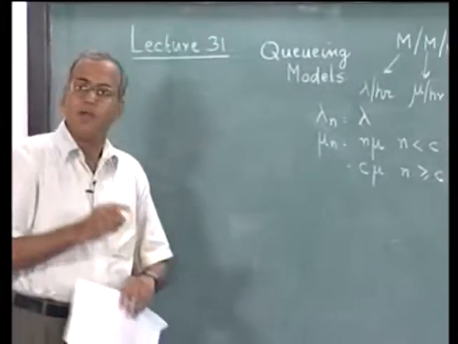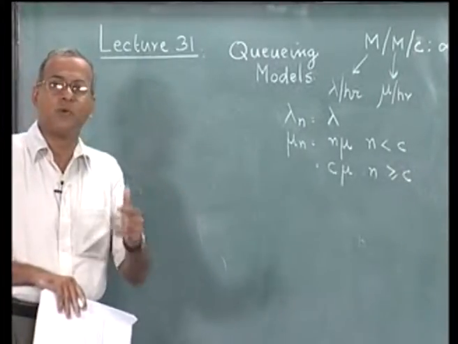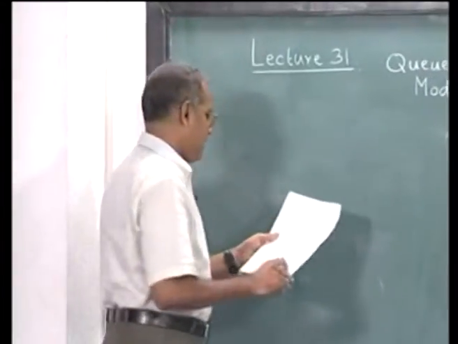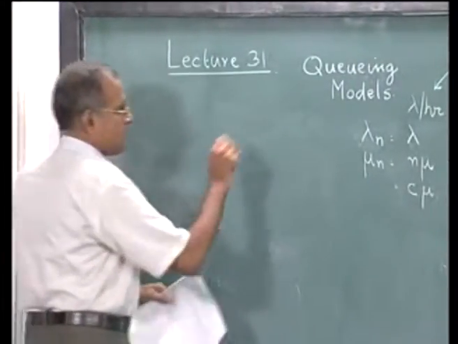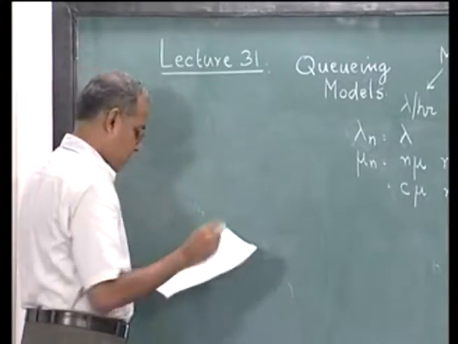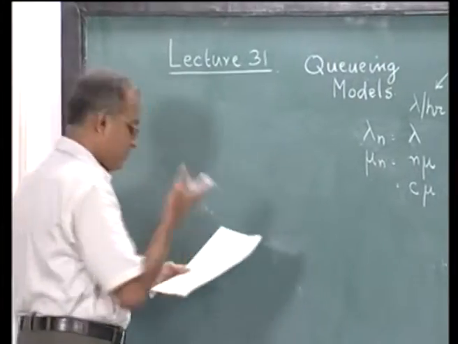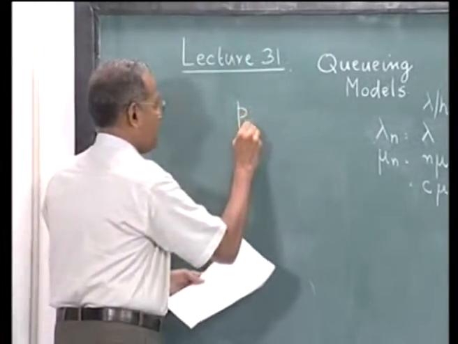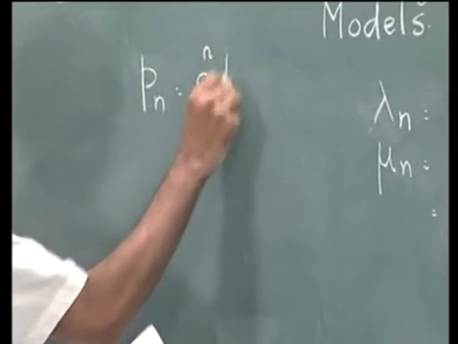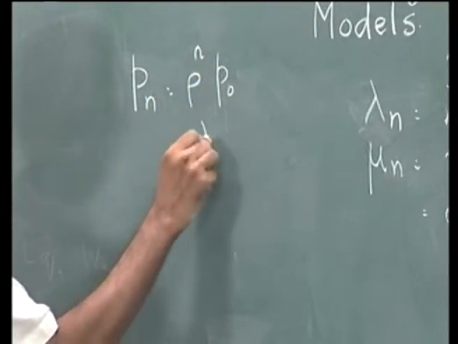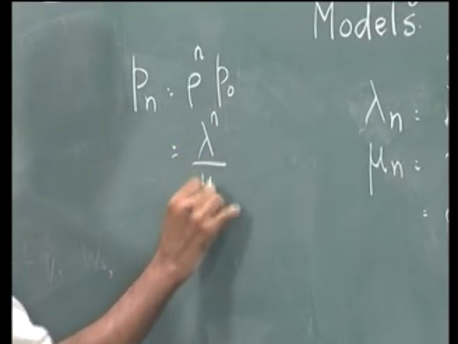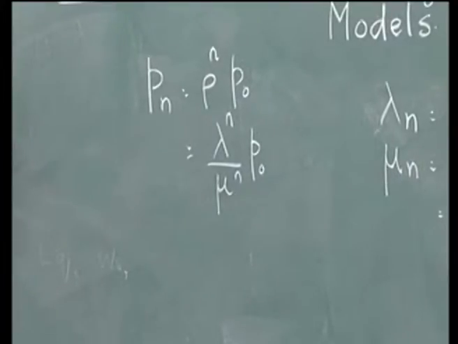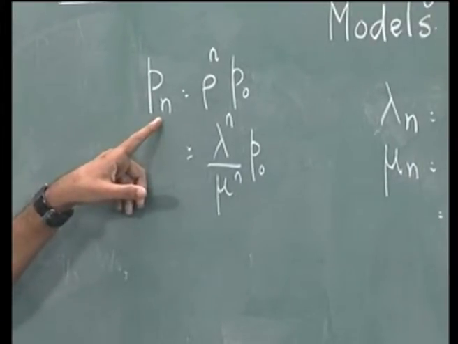So, we will have P naught, P1, P2 up to P infinity in this model. Now we write the expression for a general Pn. Pn has a general expression rho power n P naught, or lambda power n by mu power n P naught. This is the general expression for Pn, and n can go up to infinity.